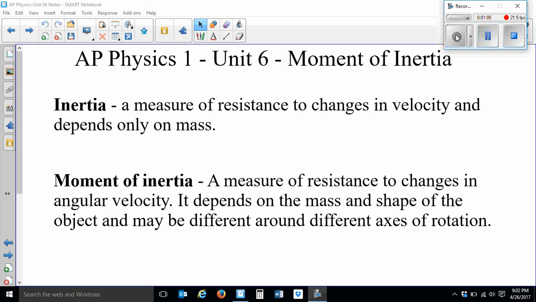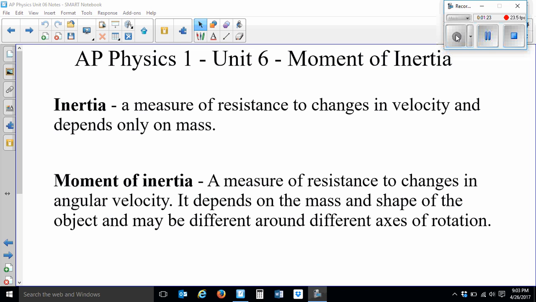But this one is where we're more likely to see a lot of our free response questions asking about these ideas, as well as the multiple choice. Again, just like linear momentum, momentum regardless shows up a lot.